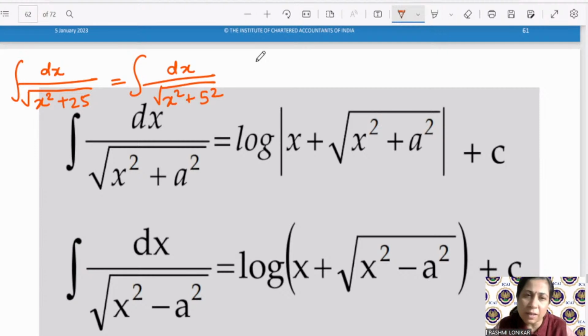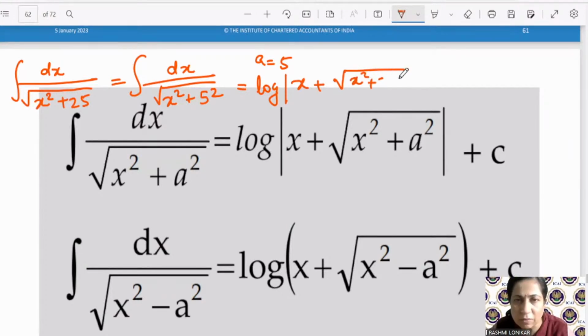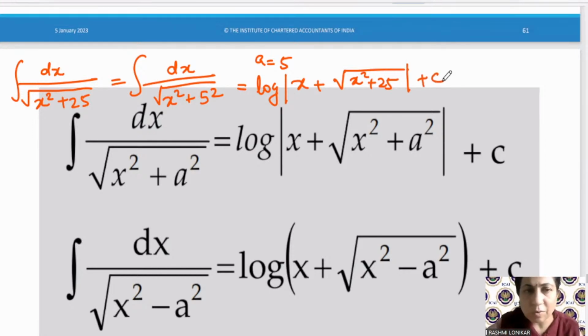So what is my a? a is equal to 5 in this case. So what will be the answer? It will be equal to log of modulus of x plus square root of x square plus 25, plus c. So you can have this type of simple questions.